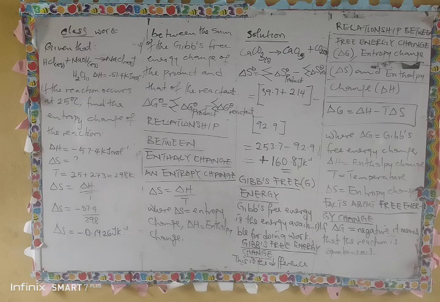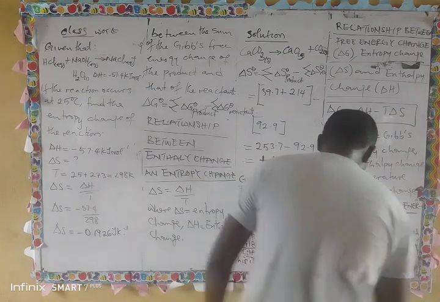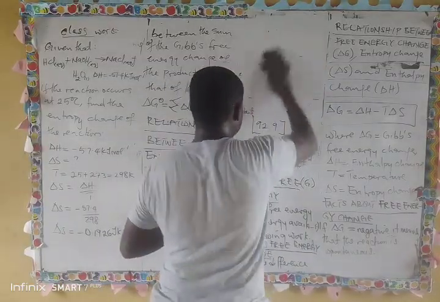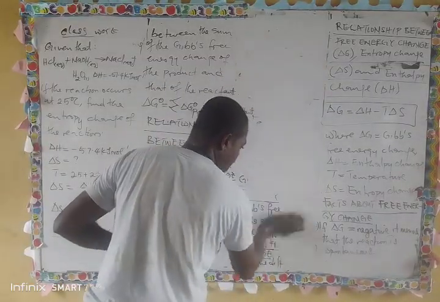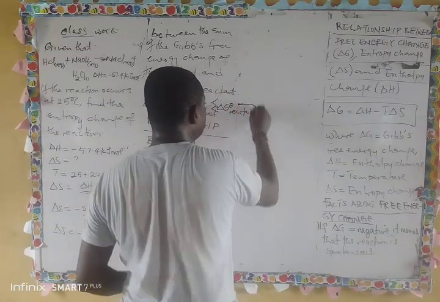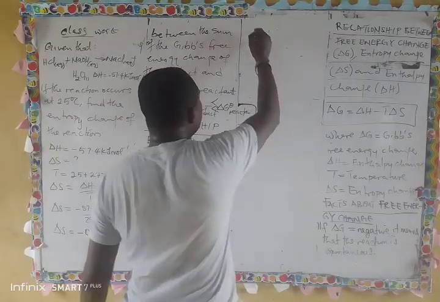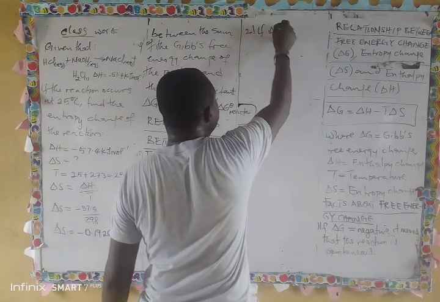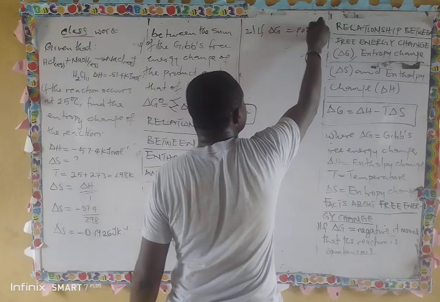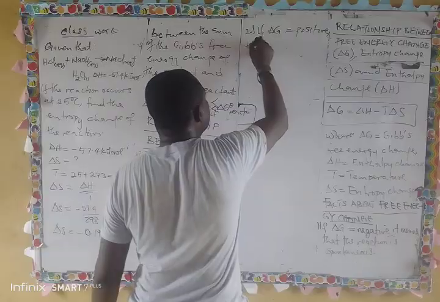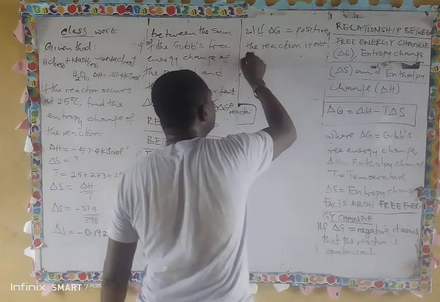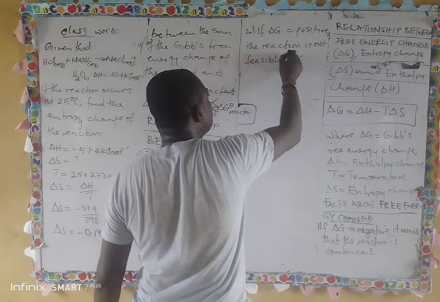Number 2: if delta G is positive, the reaction is not feasible spontaneously.